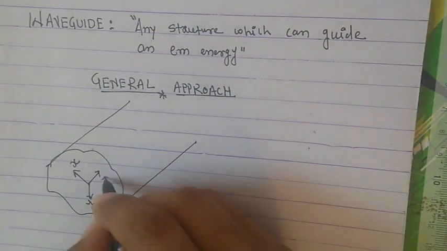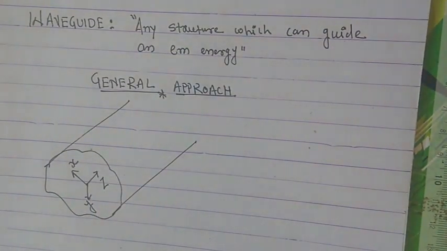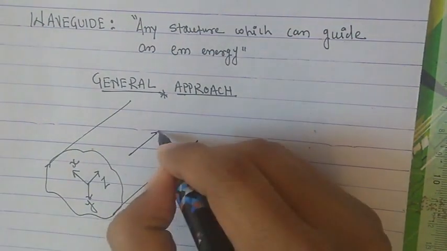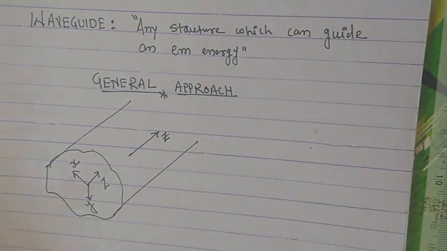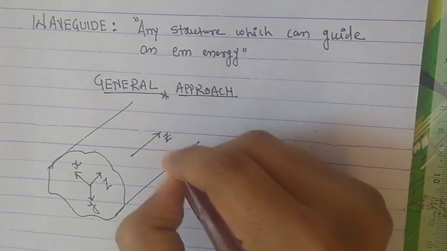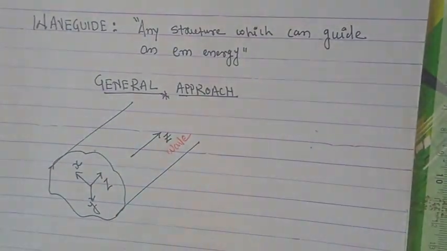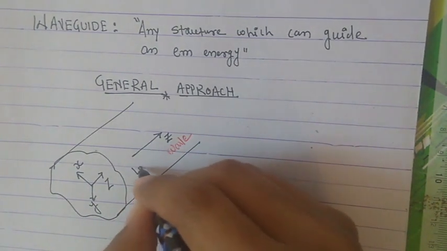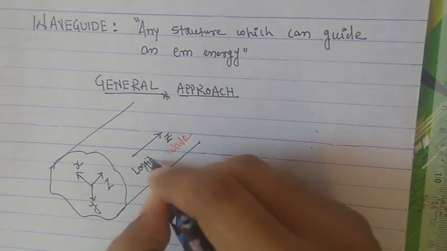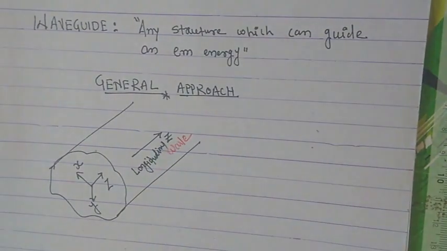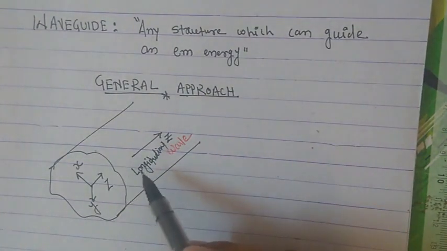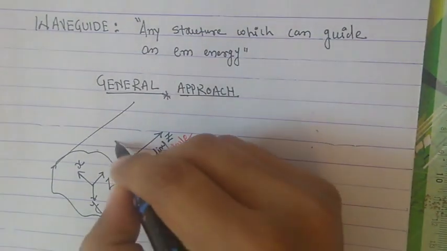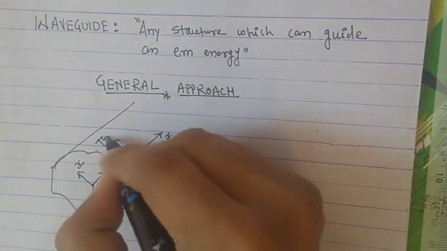x, y, and z. For generality, we assume that the wave is traveling in the positive z direction. The direction in which the wave is traveling is called the longitudinal direction, and the direction perpendicular to this is called the transverse direction.